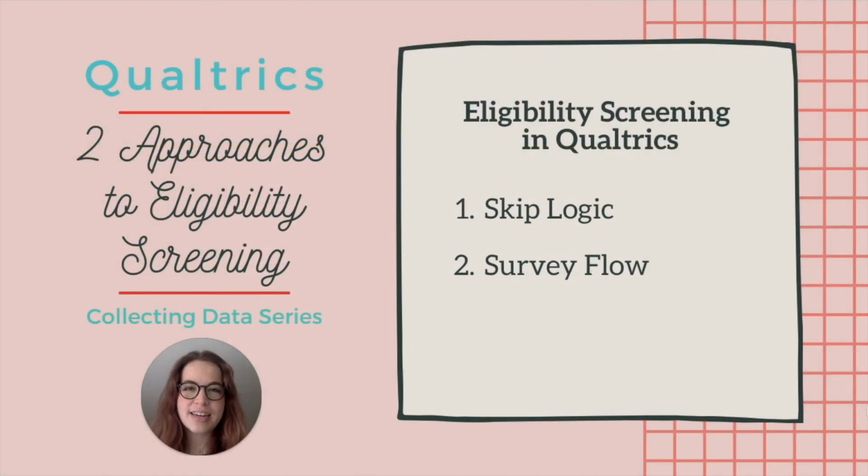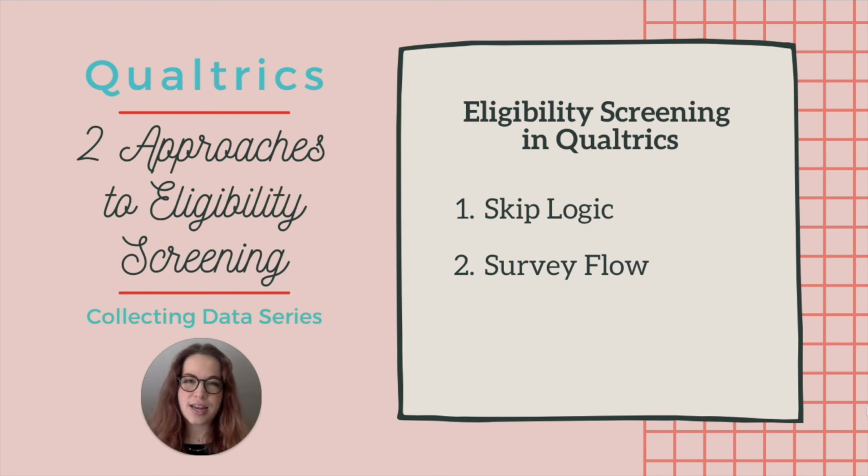I hope that information on 2 simple ways to incorporate eligibility screening into your survey was helpful. I am sure that this will be a topic that I discuss in more detail in future videos, because there are a lot of ways to customize your surveys in Qualtrics to reach specific audiences.